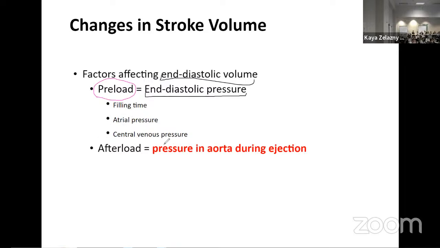If you have high pressure in the veins, then we're using a high to low gradient, going more into the heart, more blood into the heart. So preload, end diastolic pressure, and end diastolic volume are all basically a measure of that beginning right before our heart contraction, about what our starting state is. So if we have greater preload, greater end diastolic volume, we're going to be able to have greater stroke volume. We're going to be able to squeeze out more blood because we started with more blood.